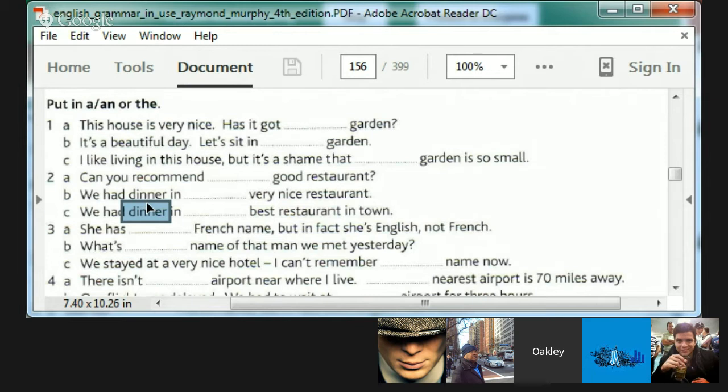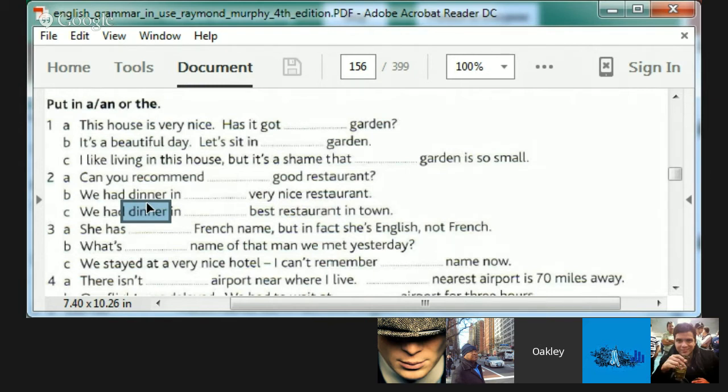So, for example, when we say we had dinner in a restaurant, I'm talking about the concept of dinner, the meal that you eat in the evening. All right? I can define it with an article. We had a dinner in the best restaurant in town.